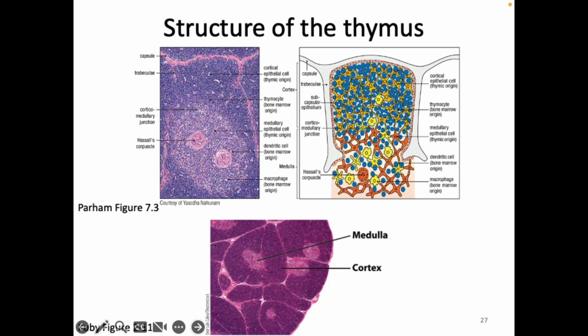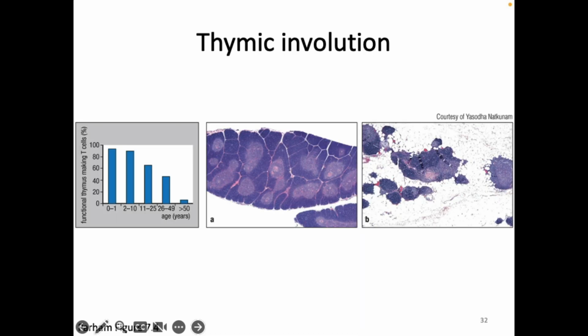But I want to leave you with one other interesting fact about the thymus. Though I do sort of snicker at this slide a little bit, which is this slide. So one other thing that's really interesting about the thymus is that the thymus changes with age. So when we were doing our mouse experiment, I had to be very specific in terms of how old our mice were for that experiment because I wanted you to look at the thymus.